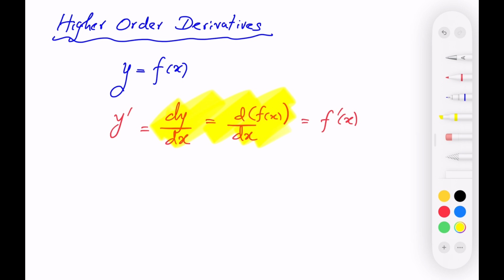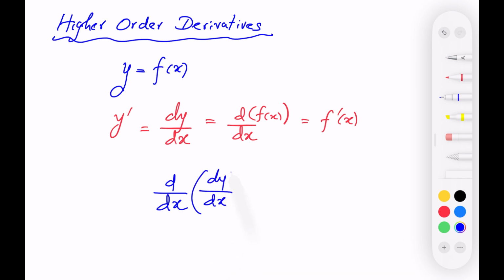And we will now assume that we are going to differentiate this f of x for a second time. If I'm going to differentiate that part, it will be d by dx of dy by dx. Rather than writing it that way, we have a shorter form.